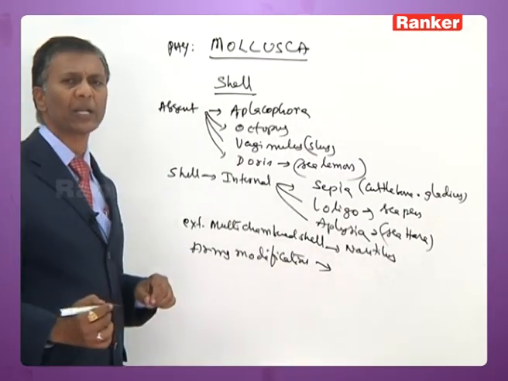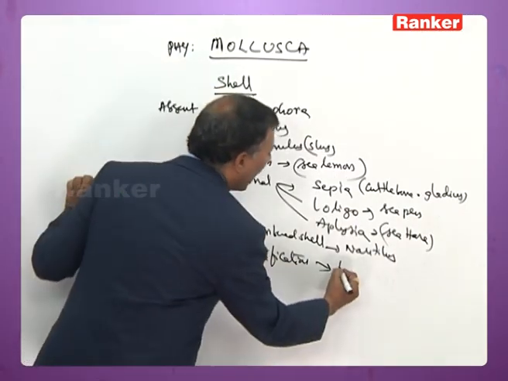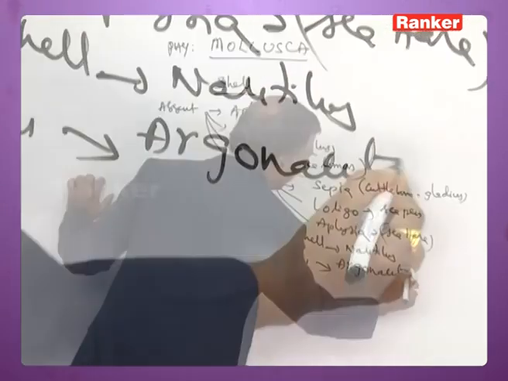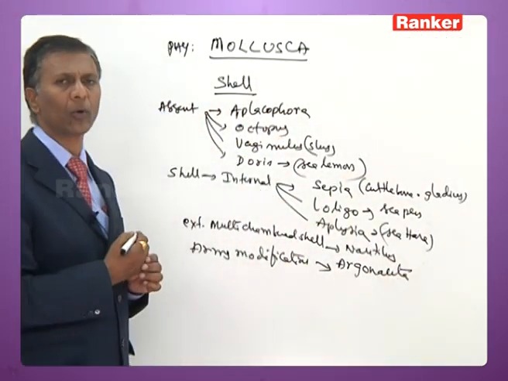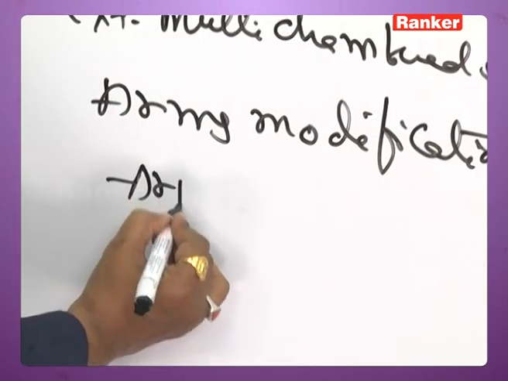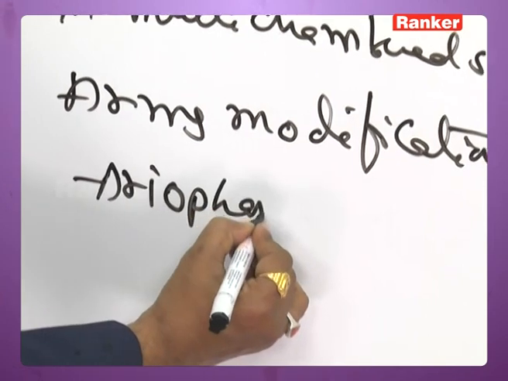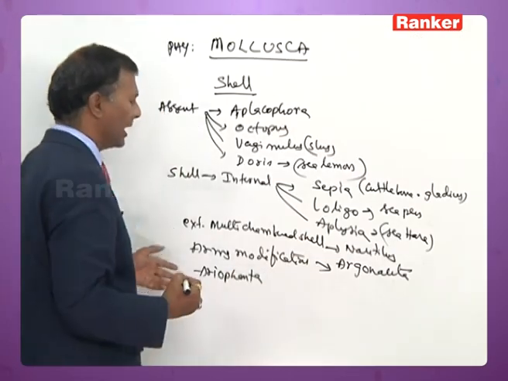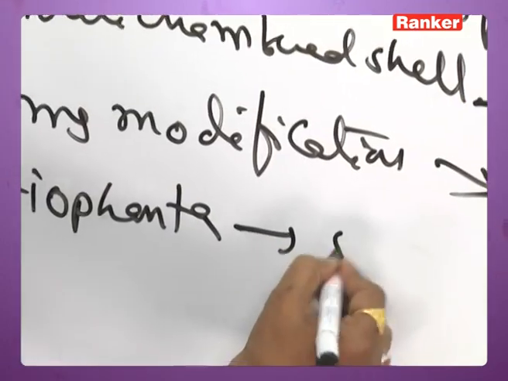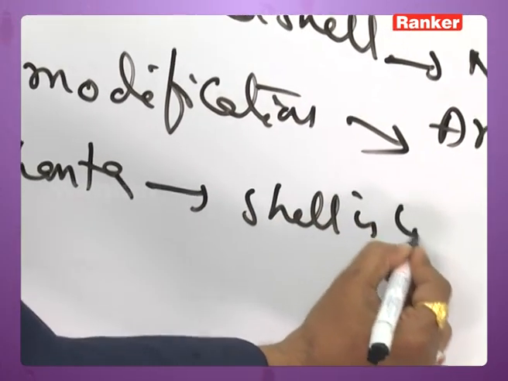Aeophanta is a gastropod. In Aeophanta, the shell is without operculum.